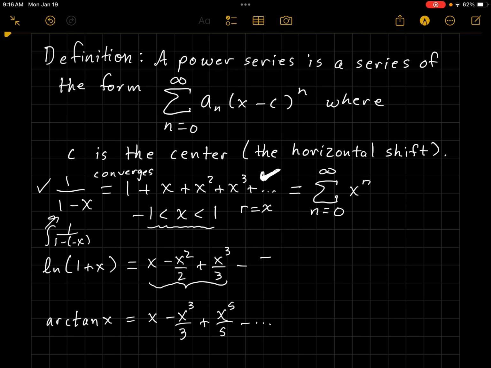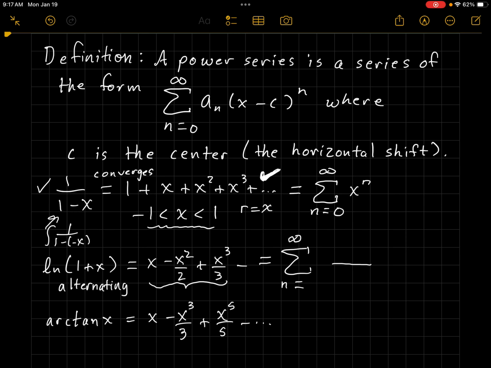Well, how about the natural log of 1 plus x? Let's start by writing our sigma notation. It's n equals, I'll come back to this. I could start at 0, I could start at 1. I'll see what I write over here before I determine where I want to start. Now, one thing to notice is that this series alternates signs. Arctan of x does as well.